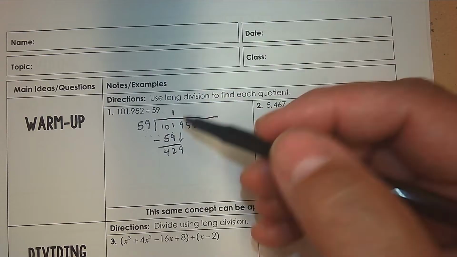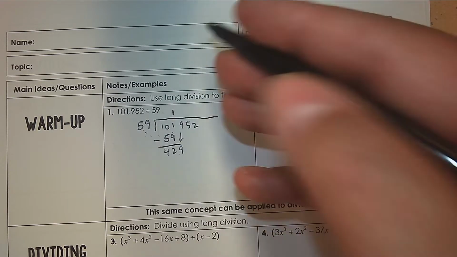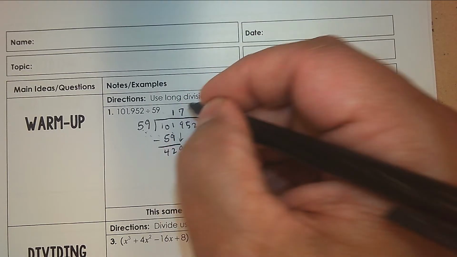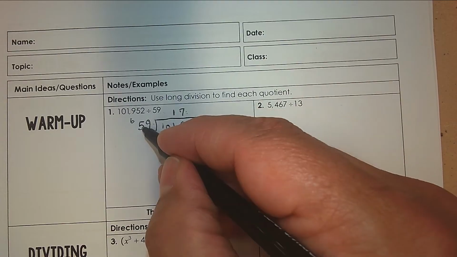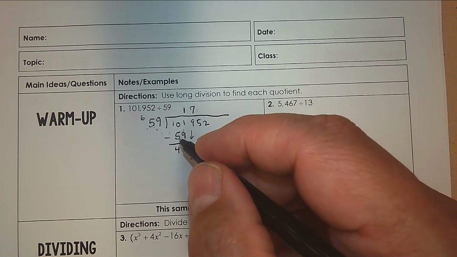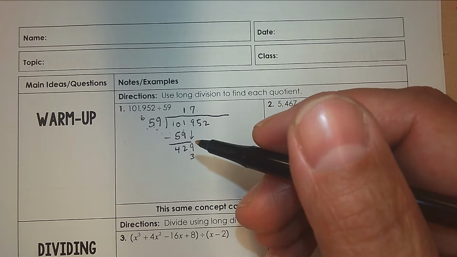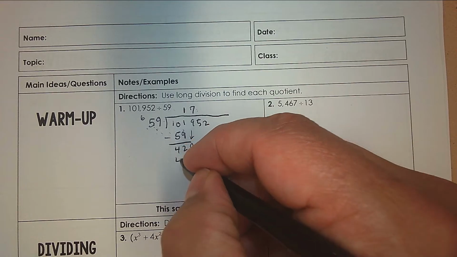How many times does 59 go into 429 without going over? That's 7. 7 times 9 is 63. Carry the 6. 7 times 5 is 35 plus 6 more, it's 41.